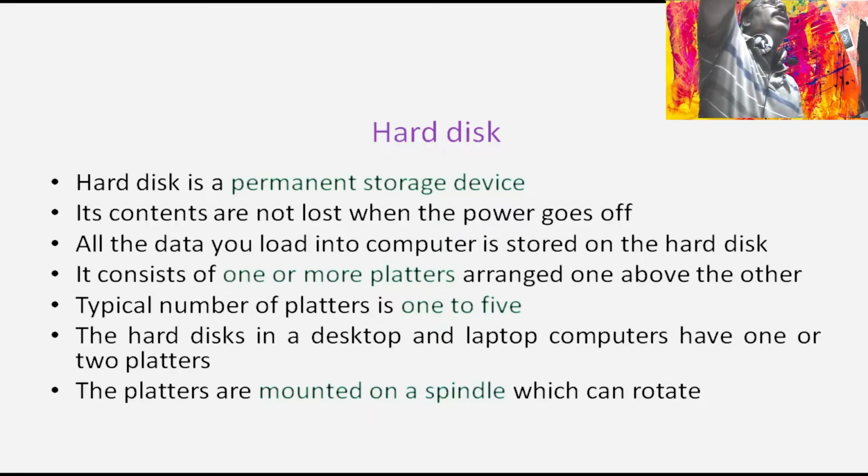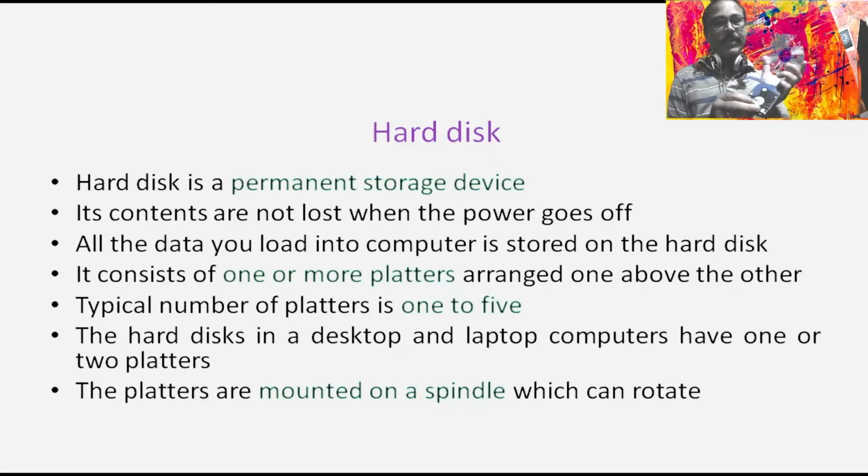Suppose if we take, this is the platter. It consists of different platters, one above the other. Typically, 2 to 4 platters will be there. And there will be what is called a spindle, which can rotate the platters.